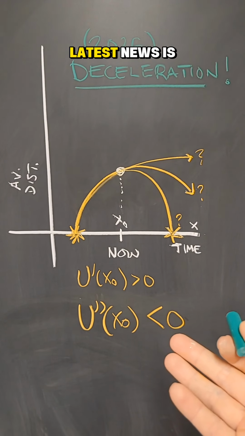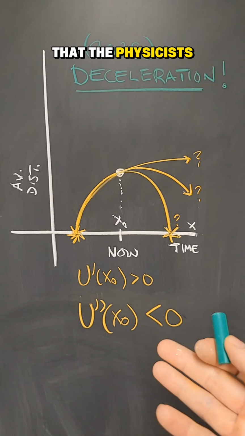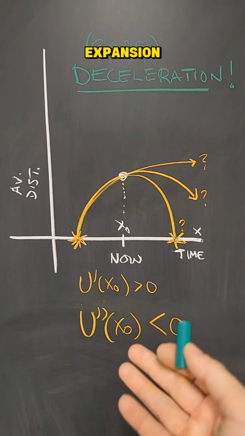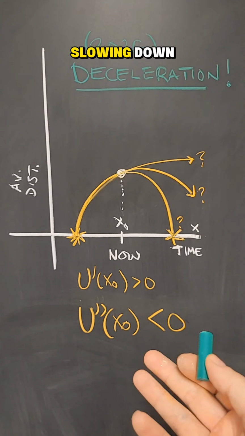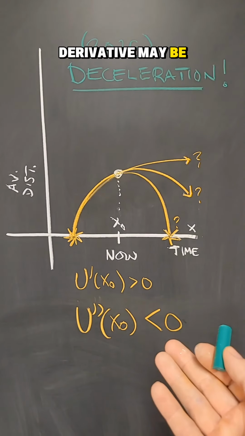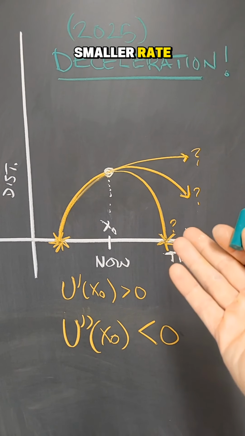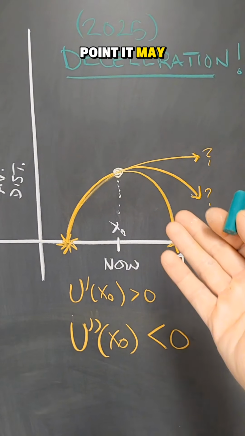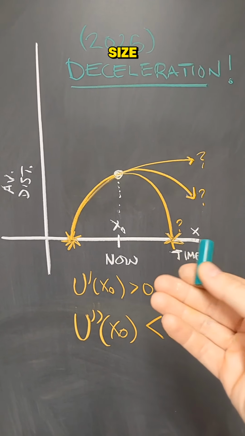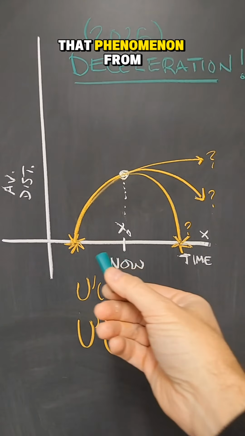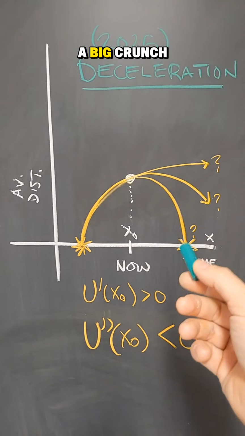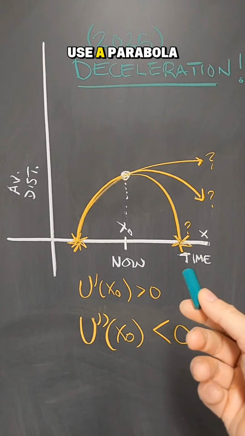And now the latest news is that the physicists think that the universe's expansion may be already slowing down, that the second derivative may be negative and it is increasing, but at a smaller rate. And at some point, it may start decreasing in size. And to model that phenomenon from a big bang to a big crunch, we can simply use a parabola.